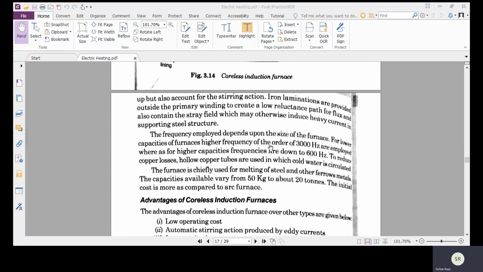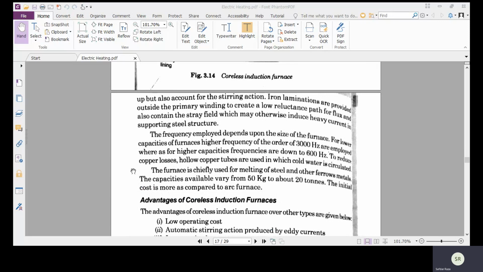If the size of the furnace is large, then the frequency goes down. To reduce copper losses, hollow copper tubes are used in which cold water is circulated. So this cold water is just to minimize the heat due to copper losses.